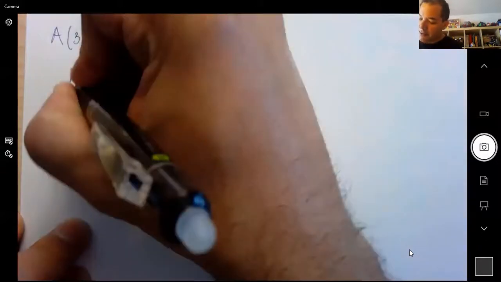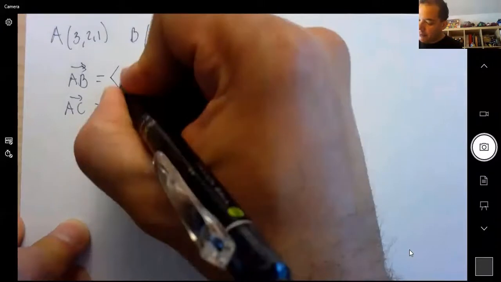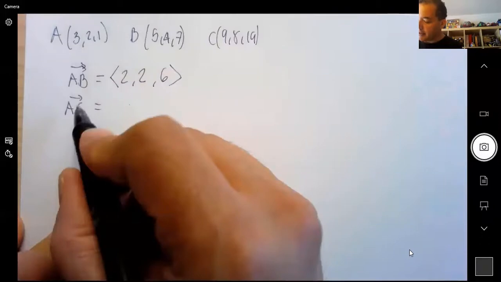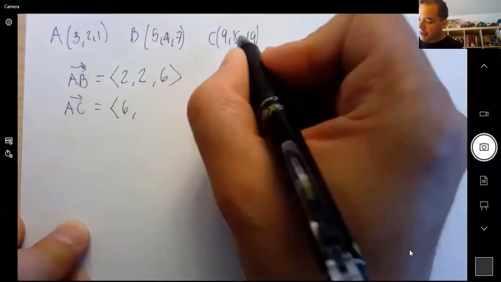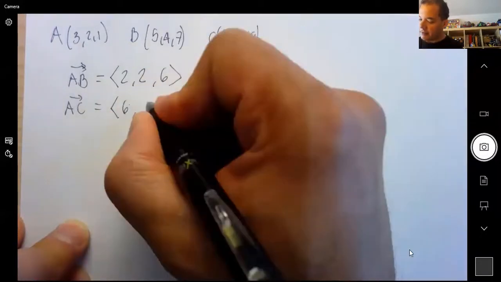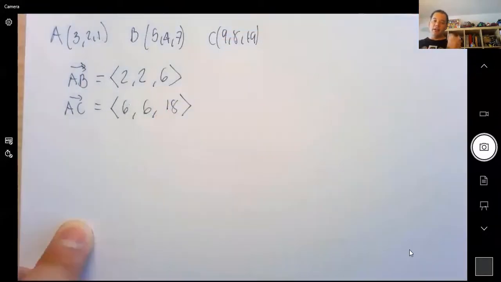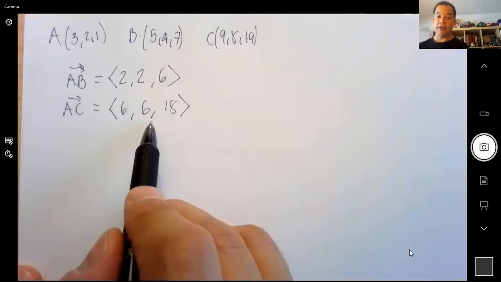So what are my AB and AC vectors? Well, AB will be 5 minus 3, 2; 4 minus 2, 2; 7 minus 1, 6. What is my AC vector? My AC vector will be 9 minus 3, 6; 8 minus 2, 6; 19 minus 1, 18. Here is another way of knowing that they are collinear: if I take this vector and multiply it by 3, I get the other one, right?